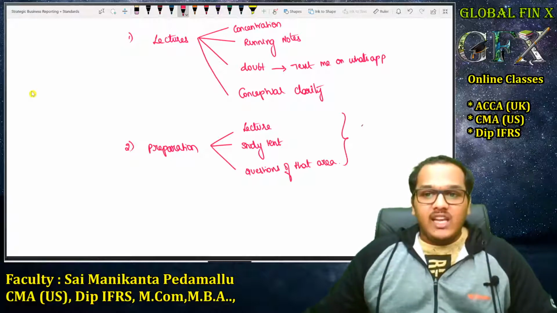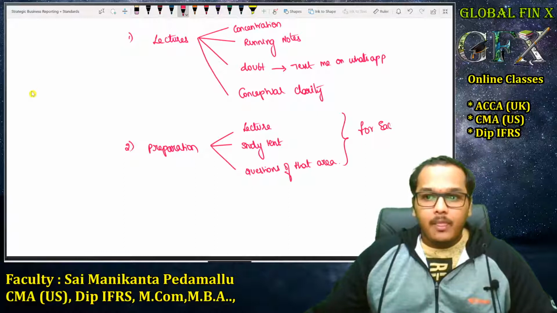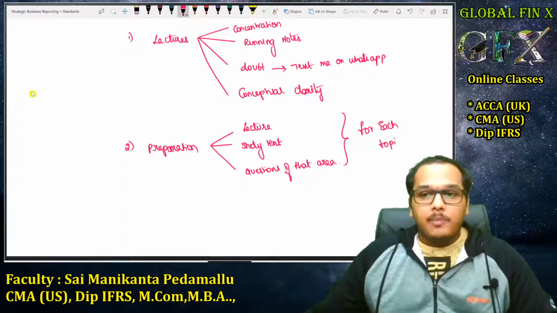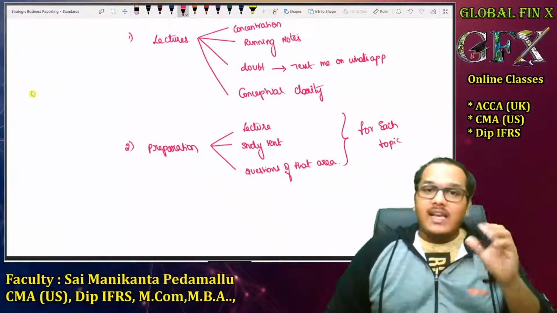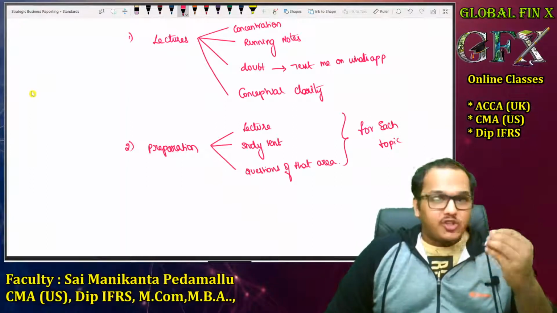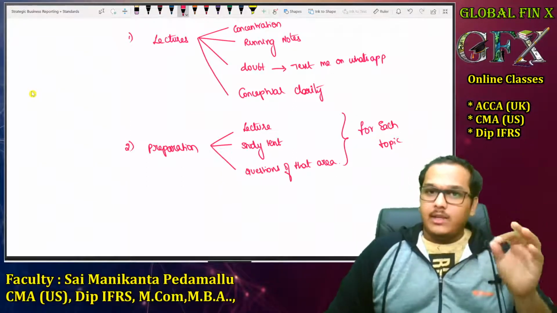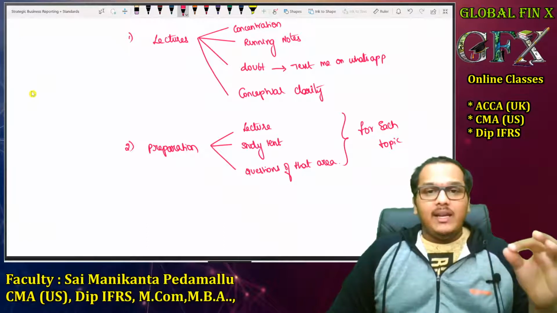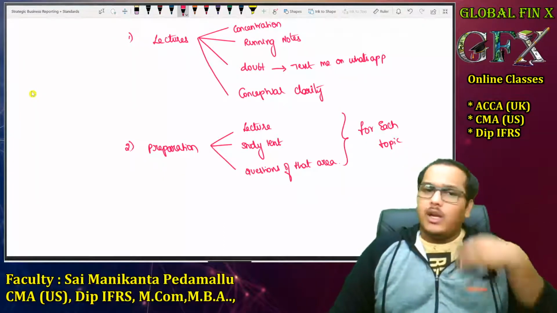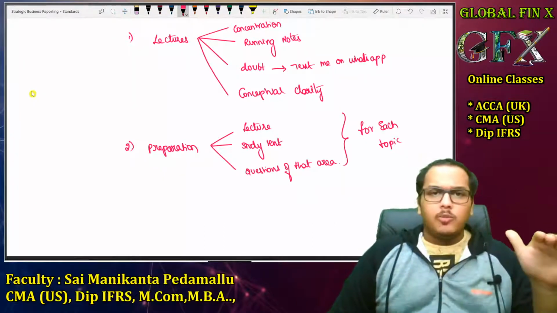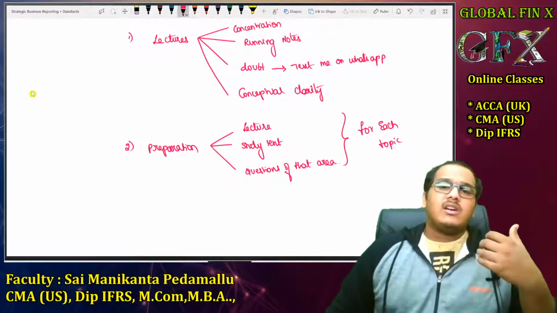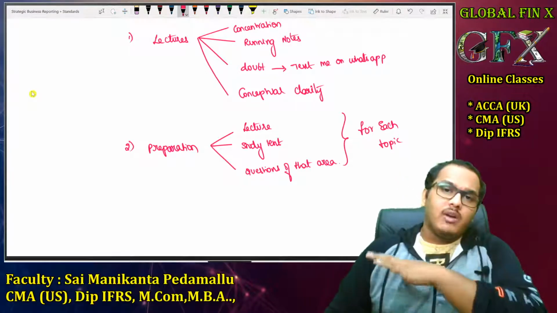For each topic of your syllabus, suppose IAS 16 Property, Plant and Equipment, the lecture you are watching today, immediately once you are done with the lecture, take the study text of whatever book you are following, absolutely no problem. Kaplan, BPP. Our classes are so comprehensive that we cover both the textbooks.